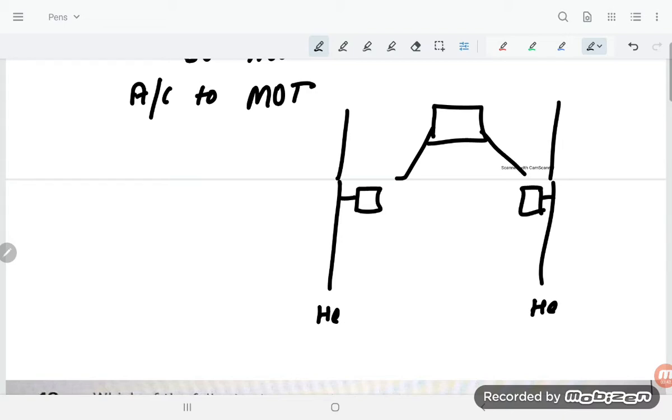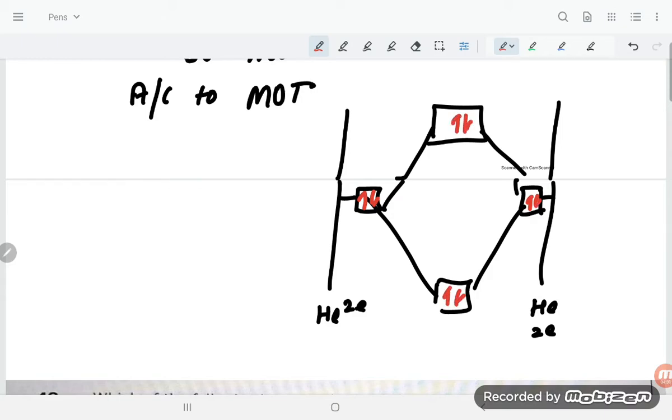Each helium has 2 electrons, so fill them in the molecular orbitals: sigma 1s2 and sigma star 1s2.